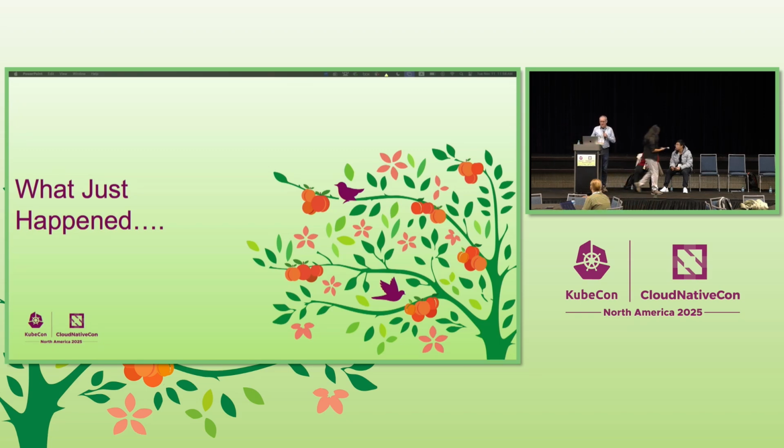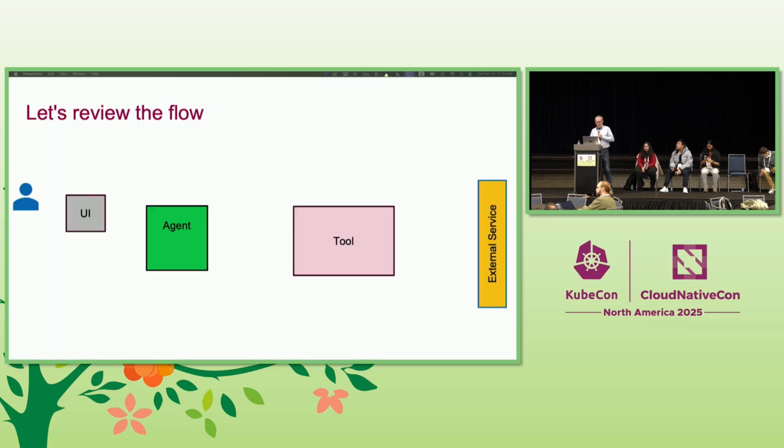Okay, so you've seen pretty much the whole demo, except the last part when you couldn't see because of network. So let me just explain what is happening in the background. I will take you through the entire flow after the agents and tools were deployed. So let's look at these steps from the end user point of view. Here are all the elements.